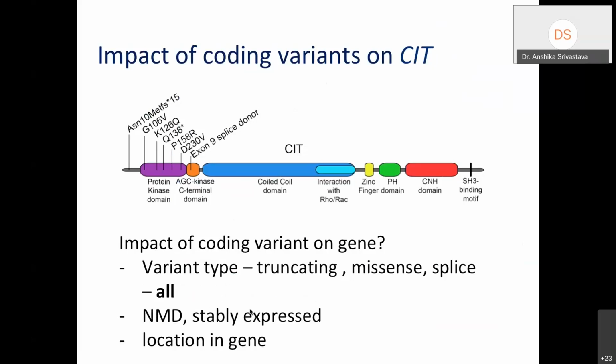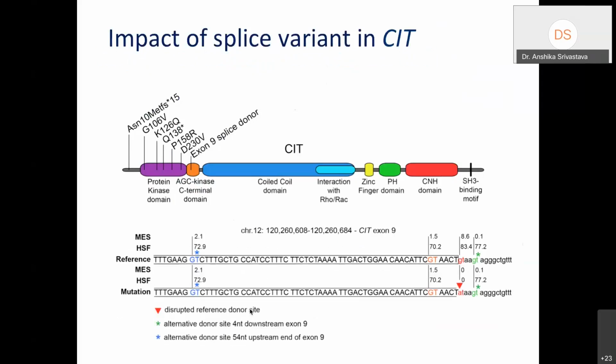So the types of variants observed in this gene were all of them: truncating, missense, splice sites. Then we wanted to see whether it is undergoing nonsense mediated decay or stably expressed. We saw that it was undergoing nonsense mediated decay. So basically, how do we look at nonsense mediated decay? If we have a stop mutation in the gene, you will definitely see the formation of mRNA, but it will not be full length mRNA.